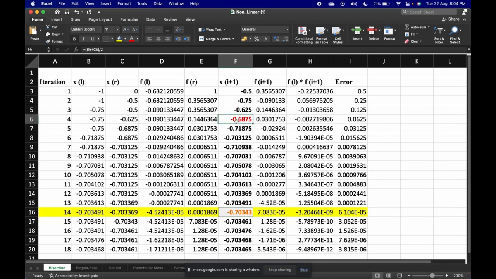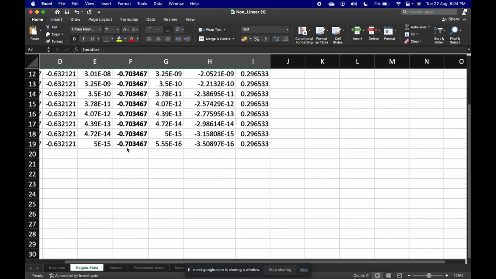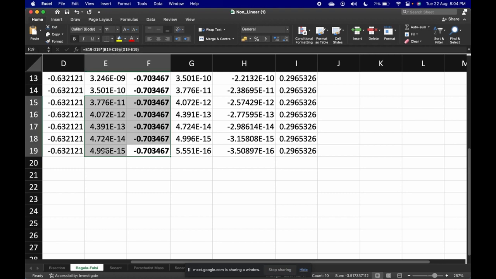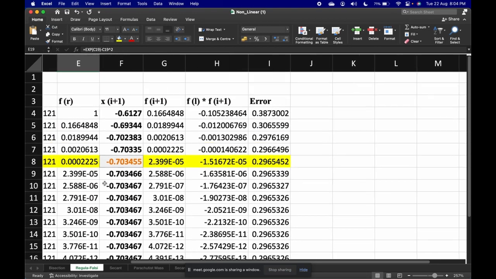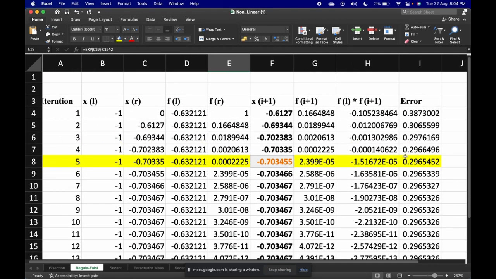But at the fourth iteration, it was far away from the actual solution. But in Regula-Falsi, in your third iteration, it is near to this minus 0.703, right? So we'll see in Regula-Falsi the error. So if you see here, so what is this?